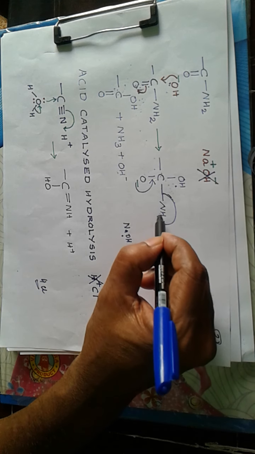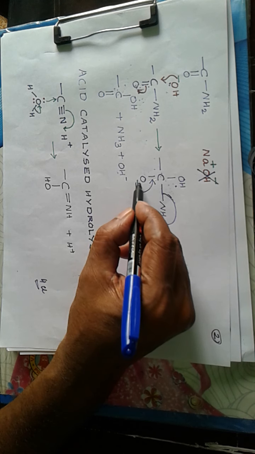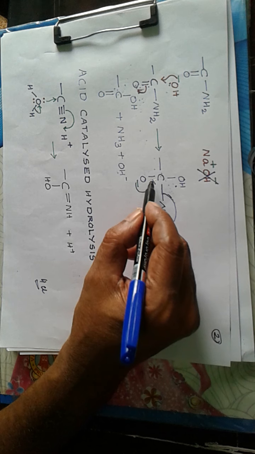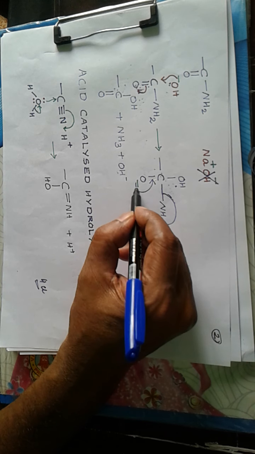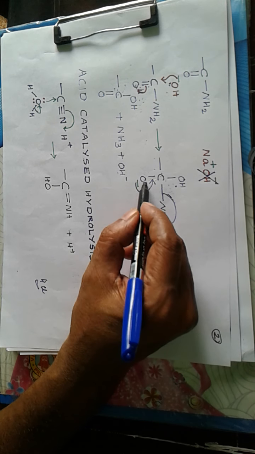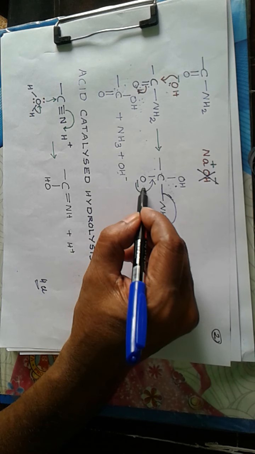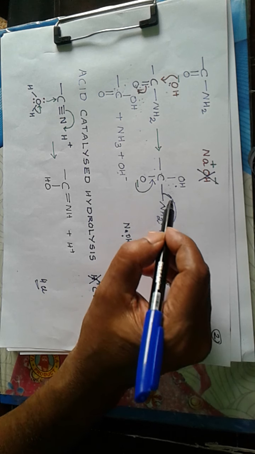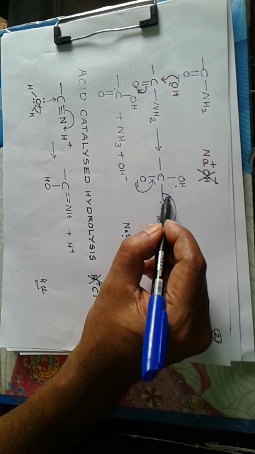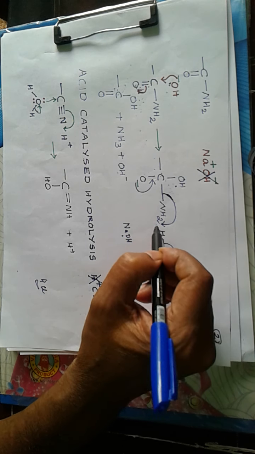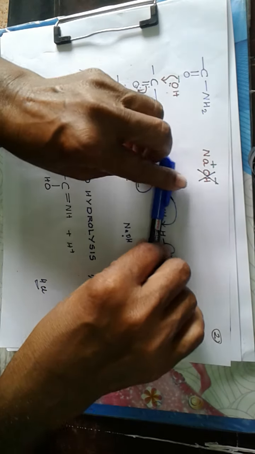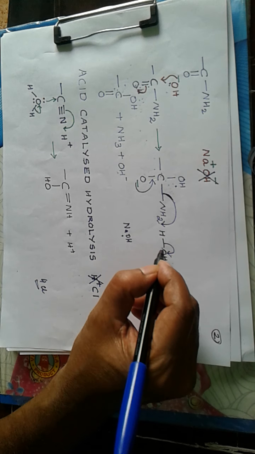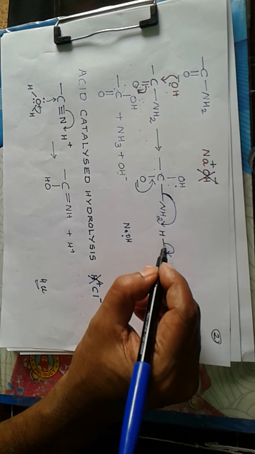So the NH2 group is removed, and for this the lone pair of the oxygen atom establishes a bond with the carbon, and so a pi bond is formed between carbon and oxygen, meaning a pair of electrons now becomes a bond pair. Then the valency of carbon increases, and then this bond will be rotating through say an angle of 180 degrees. So this bond rotates like this and reaches a hydrogen atom of a water molecule.